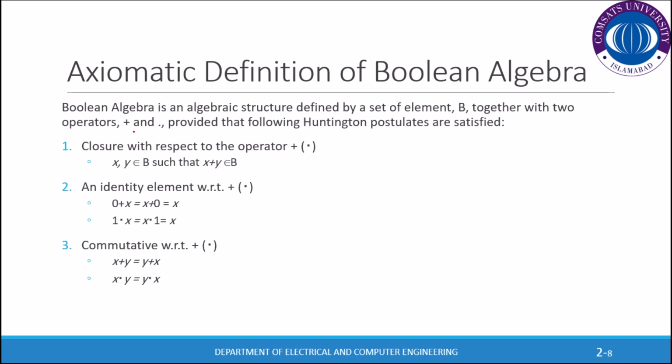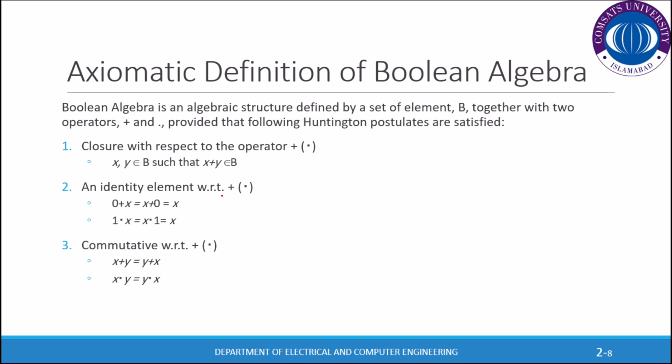Boolean algebra is an algebraic structure defined by a set of elements B together with two operators, plus and dot. Closure means that plus and dot operators are closed with the binary set B, meaning that if we have two elements X and Y which belong to B, then these operators will produce a result that again belongs to B.